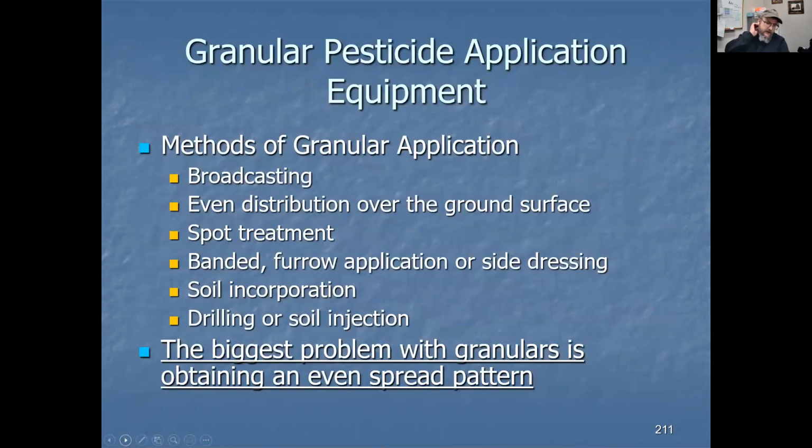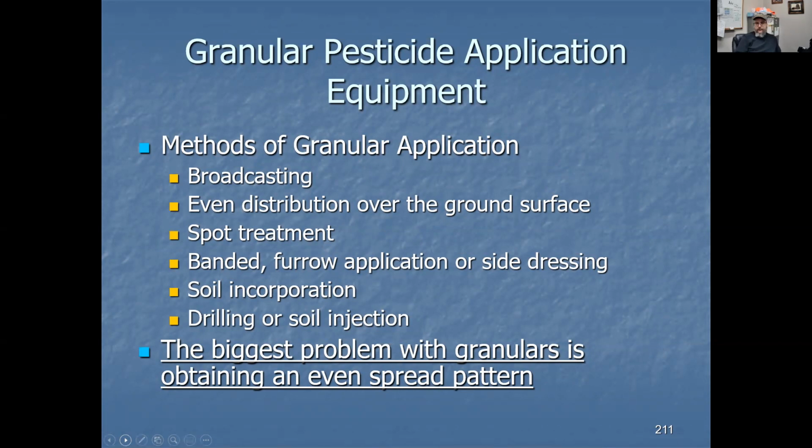Granular pesticide application equipment. Methods of granular application: broadcasting, even distribution over the ground surface, spot treatment, banded, furrow application or side dressing, soil incorporation, drilling or soil injection.